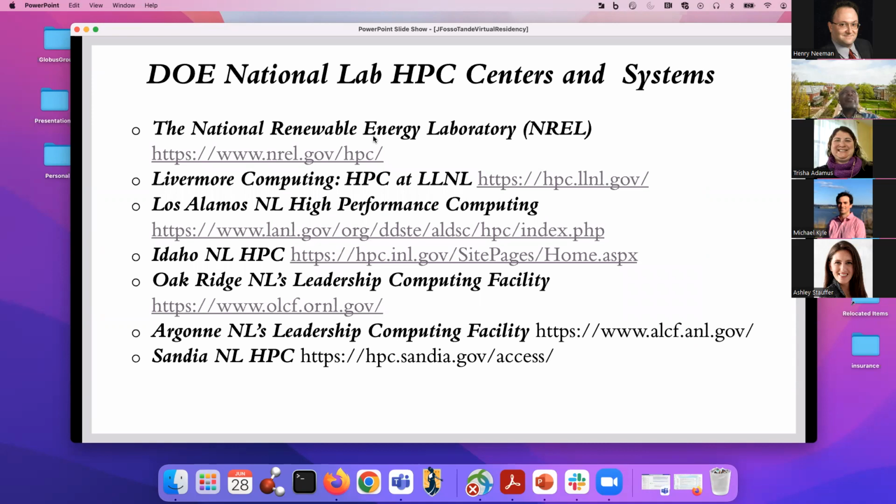So I've compiled here a list of labs, HPC centers and systems. Even though we touched on the Department of Energy, I think the Department of Defense equally has a network of high performance computing, but access to those is very much limited.